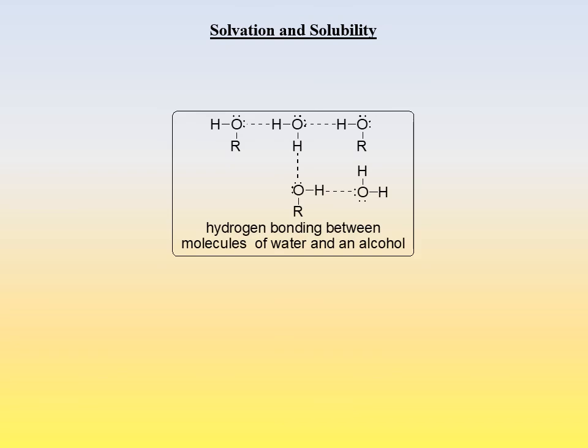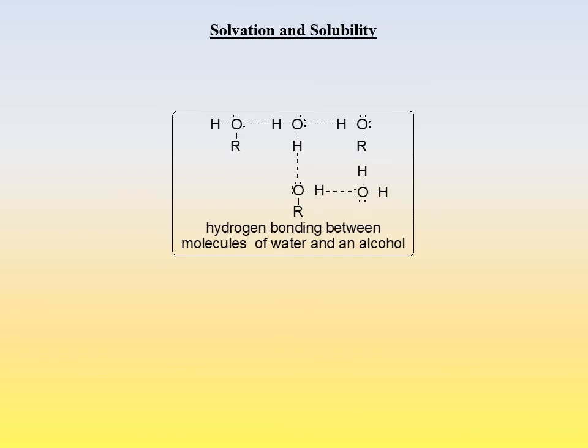And two species will be soluble in each other. That means that non-polar molecules will be soluble in non-polar solvents. If one set of dipole-dipole interactions is replaced by another set of dipole-dipole interactions, again, the process will be spontaneous, which means that polar species will be soluble in polar solvents.